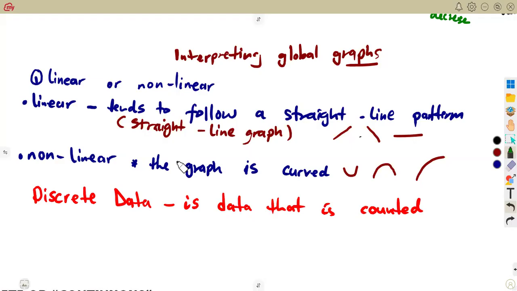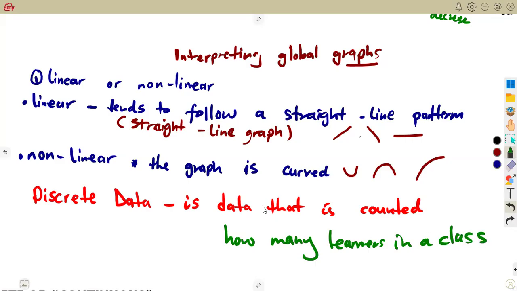When the teacher asks you how many learners are in the class, how are you going to answer the question? You are going to count each learner inside the class, 1, 2, 3, until the end.